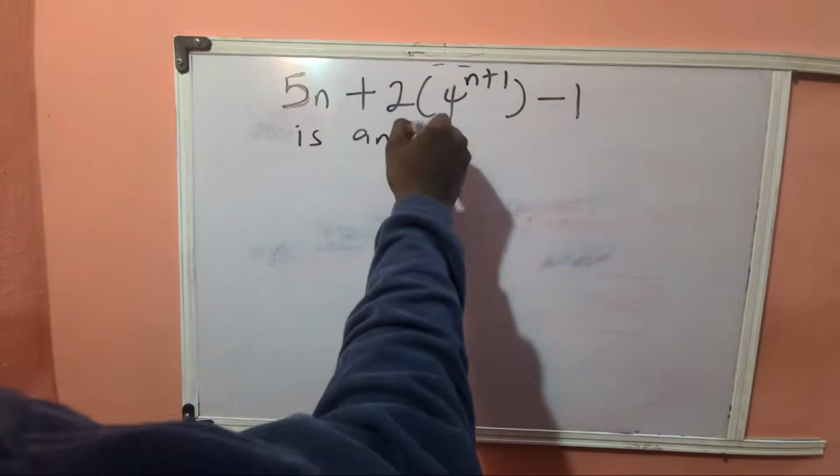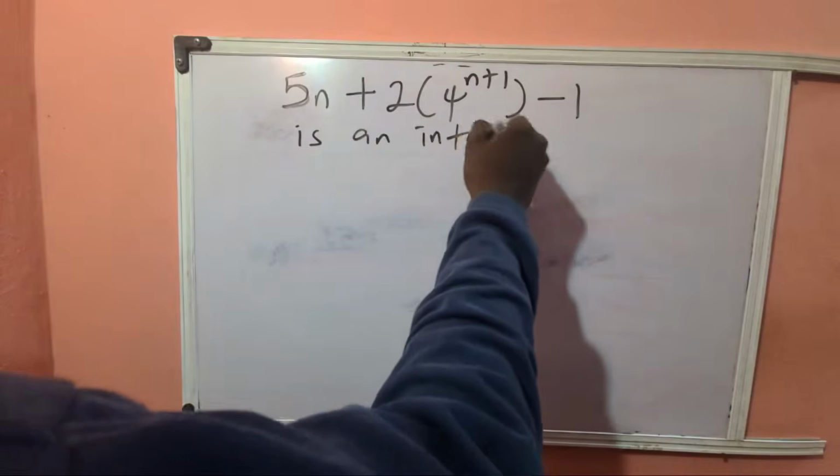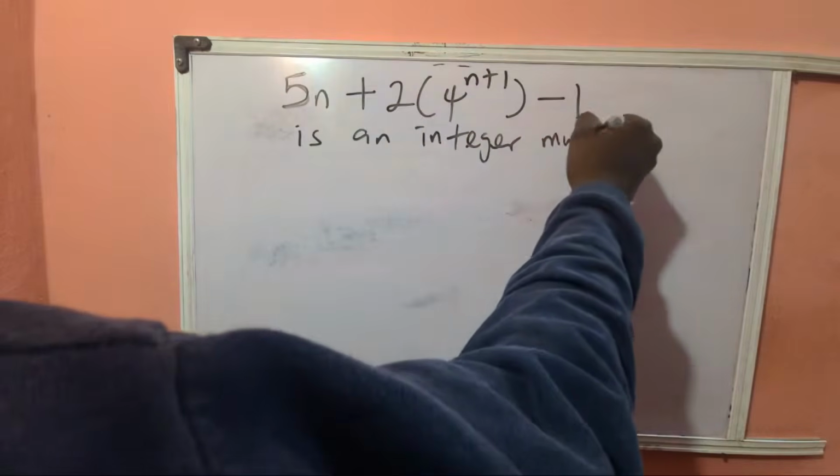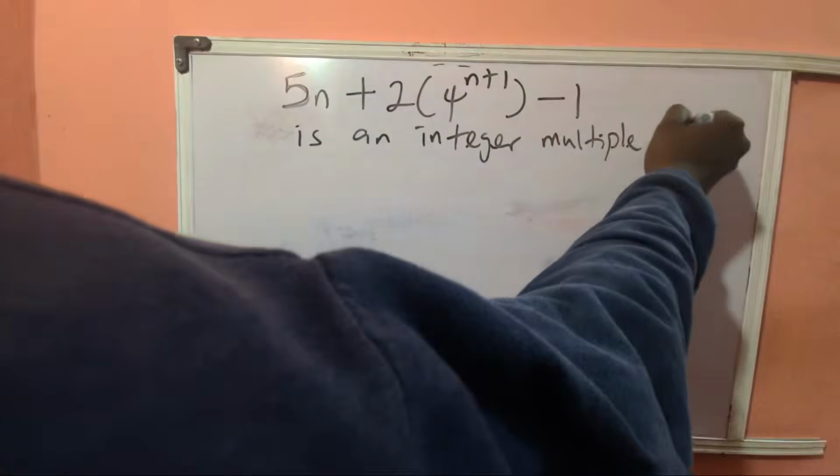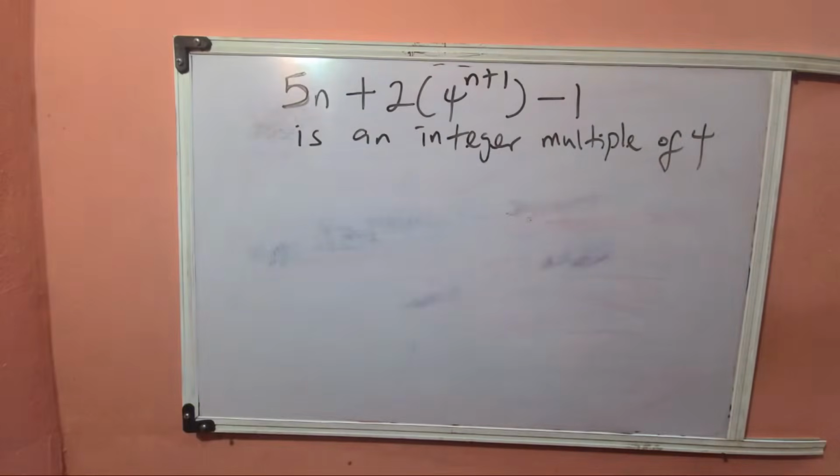Is an integer multiple of 4. This is based on last year's question, and I want you to pay real attention because this question carried a total of 6 marks.